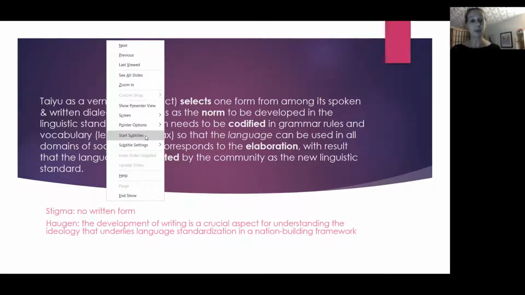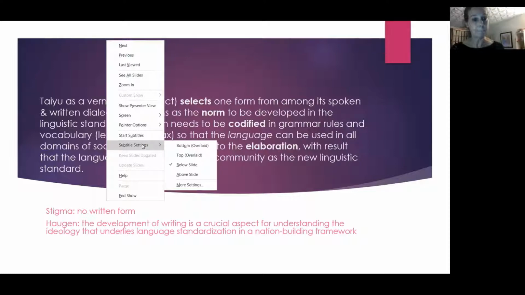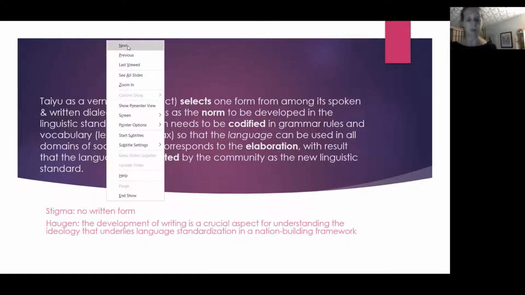So what is the main stigma? There is no written form. And there I have to repeat myself again, because sometimes that helps. The development of writing is a crucial aspect for understanding the ideology that underlies language standardization in a nation building framework.